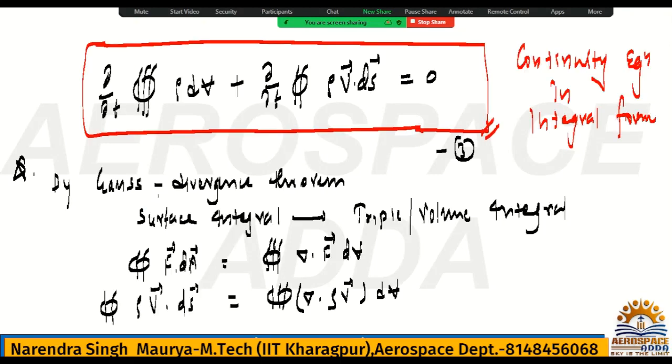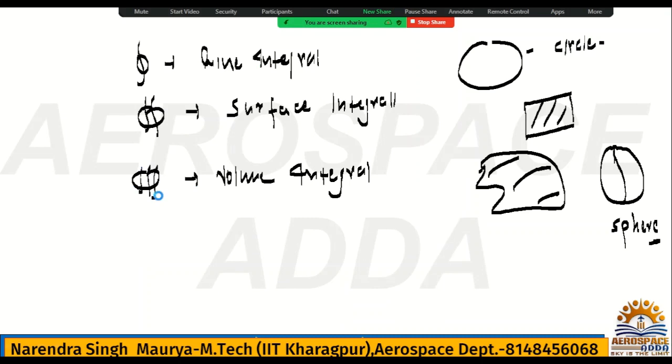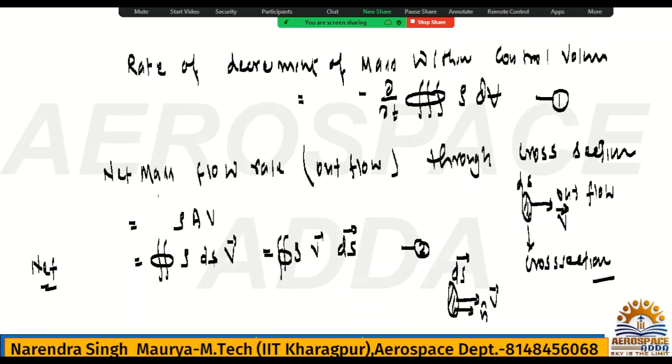Now in this, wait. It is only net rho v dS. There was no dou by dou t. See, in this dou by dou t is not there. Why is dou by dou t not here? It is not required, because already if you write rho A v, the unit is kg per second, mass flow rate. It is already a mass flow rate, m dot, with unit kg per second. So no need to write dou by dou t.